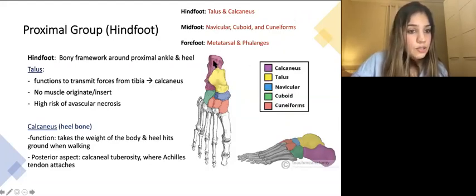The calcaneus, which is the heel bone, functions to take the weight of the body, and the heel also hits the ground when walking. In the posterior aspect, you've got the calcaneal tuberosity over here where the Achilles tendon attaches.